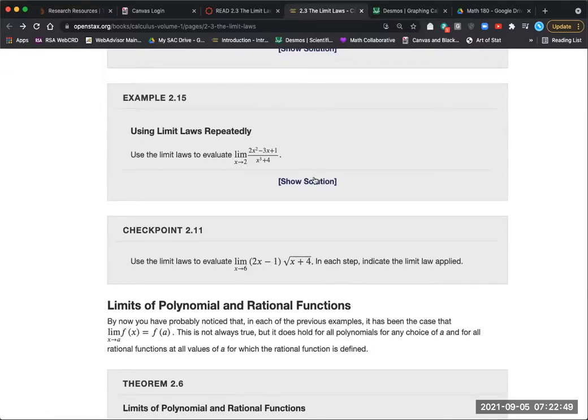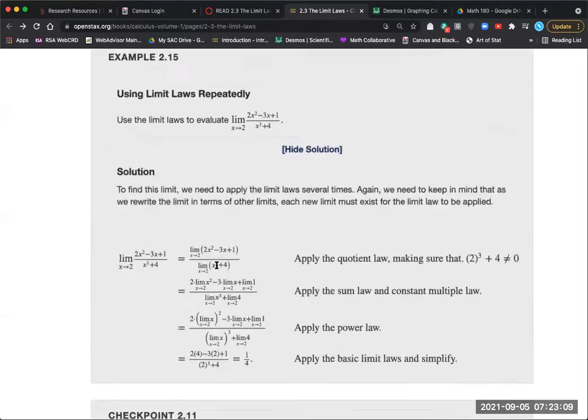Breaking it into its pieces, there's x, there's the quotient.